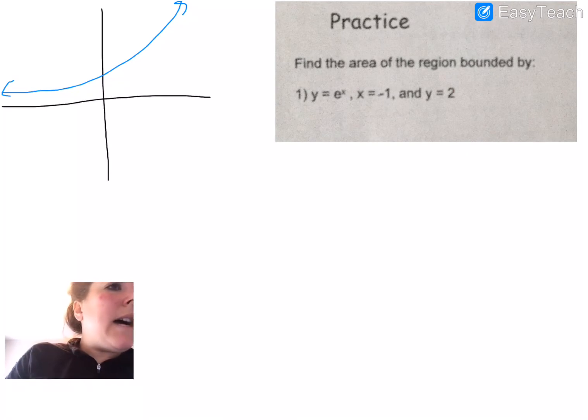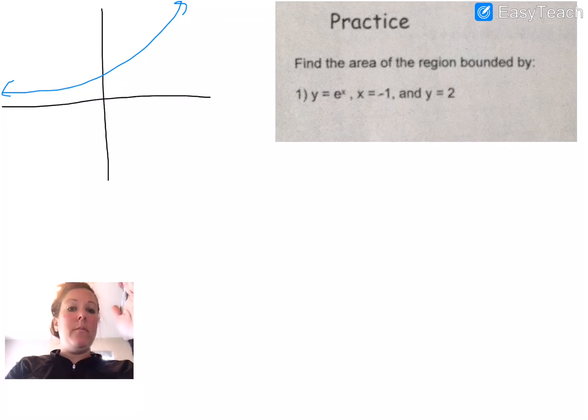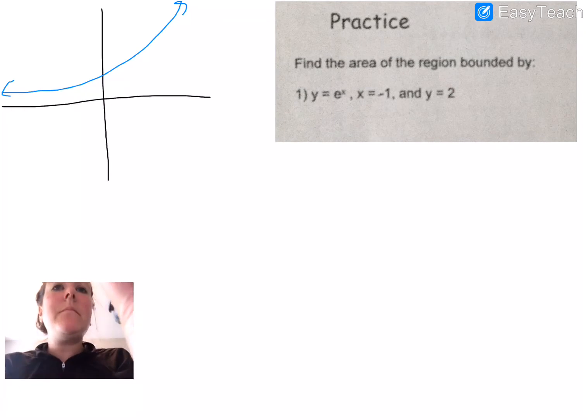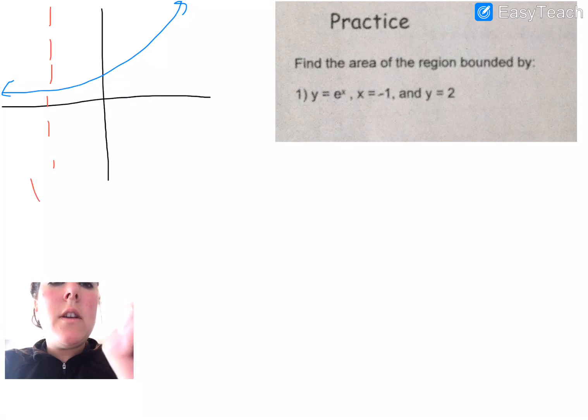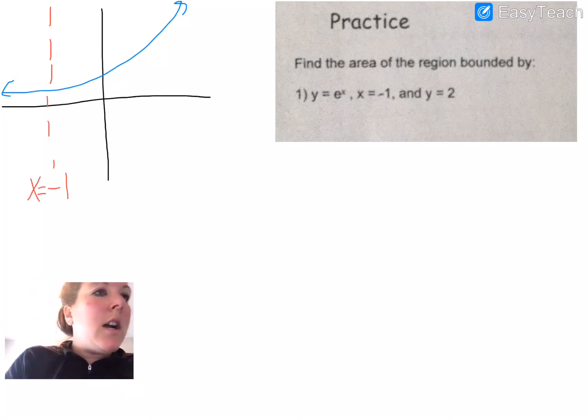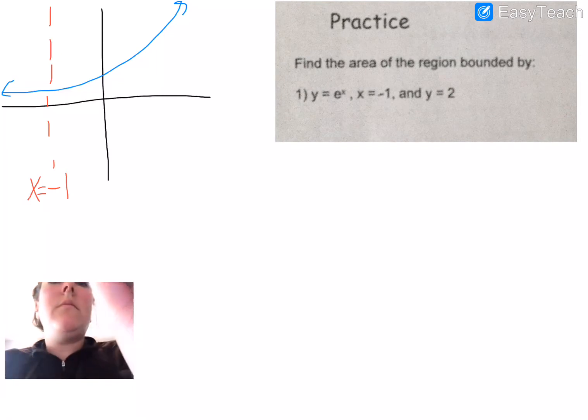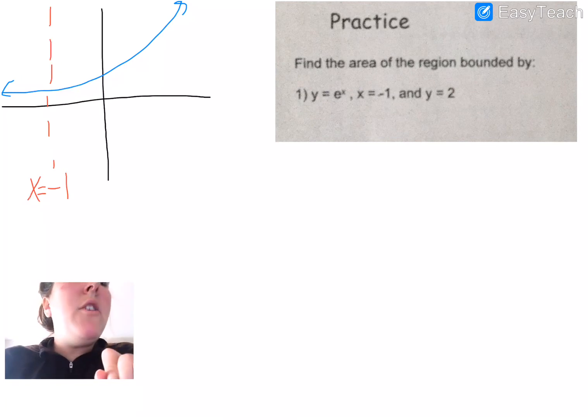It is bounded by x is equal to -1. So we remember that x equals functions are vertical. So I'm going to draw x is equal to -1. Perfect. And y is equal to 2. Now you might be thinking, is y equal to 2 below the intersection or above the intersection?